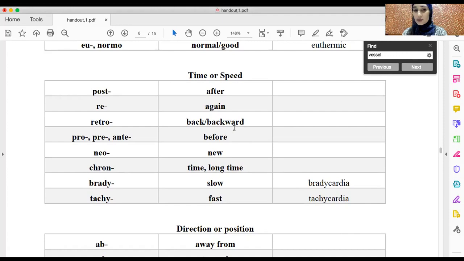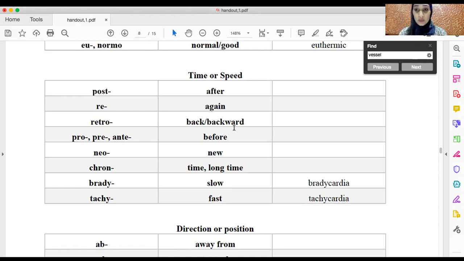We have post, which means after, re, again, and retro, back or backward. We have pro, pre, and ante, which mean before, and neo means new. Chron means time or long time.